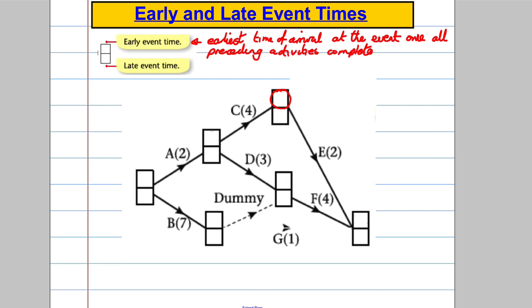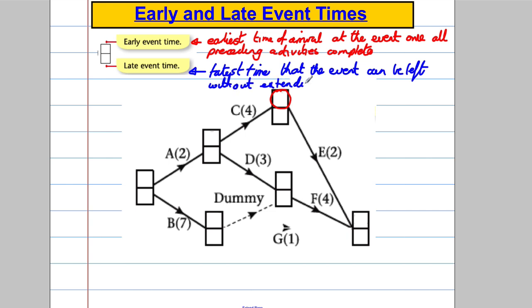Okay? Now what's the late event time? The late event time is defined as the following. It's the latest time that the event can be left without extending the time for the project, without extending the overall time for the project.